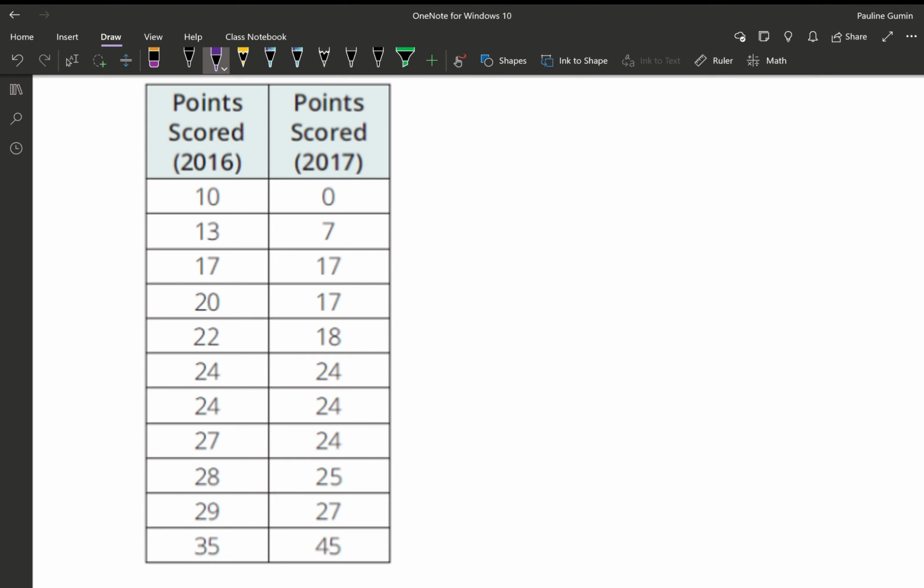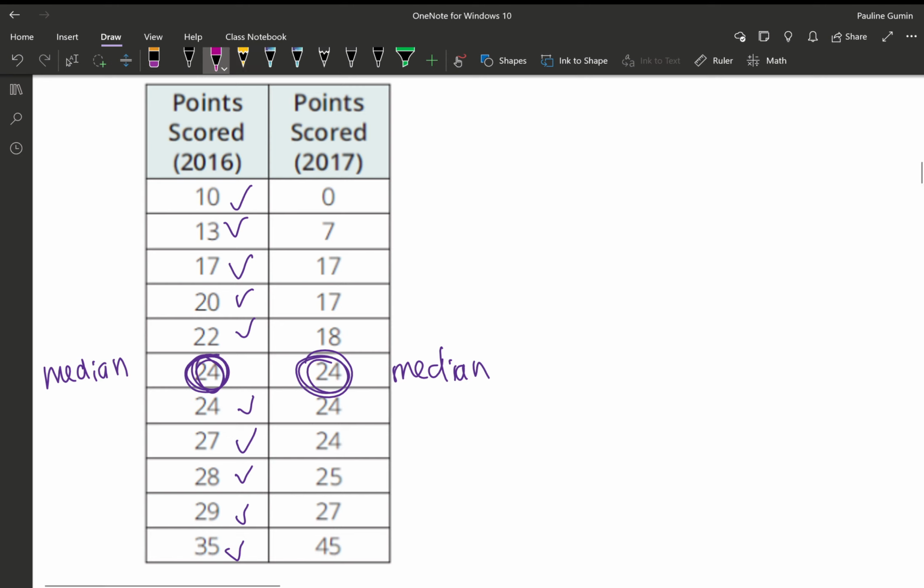Okay, let's do it. Let's find the median. I'm going to use 2016 to do that. Just putting check marks on each side, and I found the median. So the median exists right here for both sides. Okay. Next, let's find Q1.